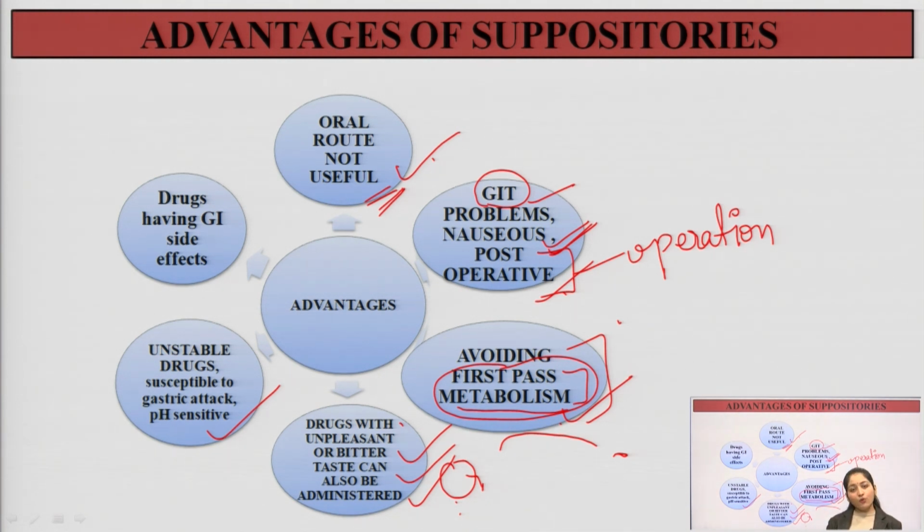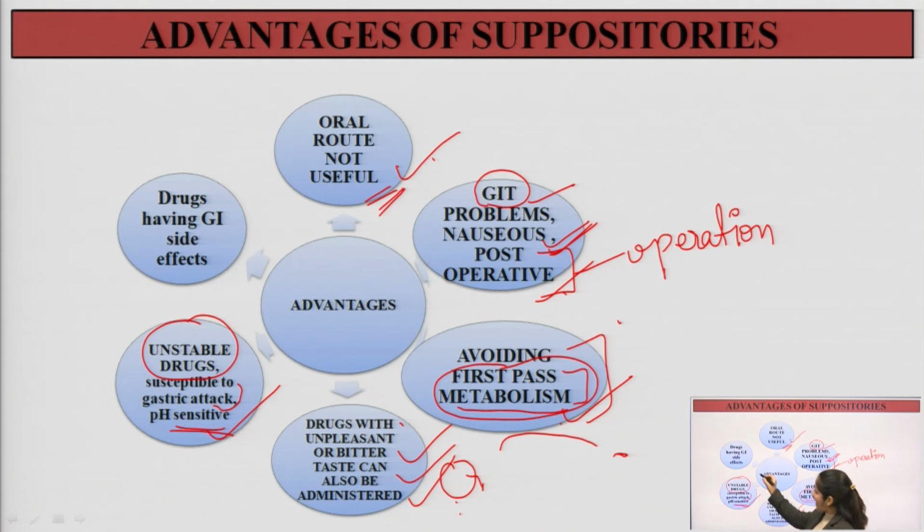So in order to avoid the efficacy going down, we can avoid this instability by making the drug bypass the gastric pH. So we can avoid first pass metabolism and any kind of pH attack on our drug.